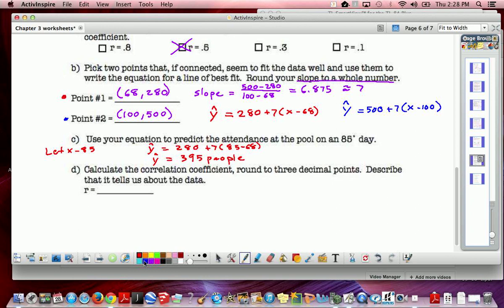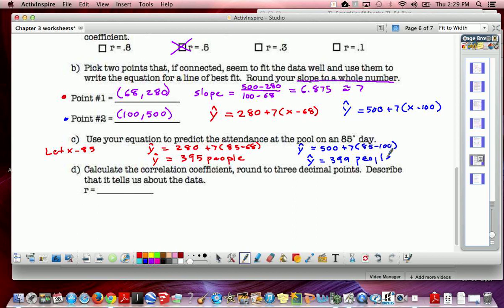However, if I use the other prediction equation, y hat equals 500 plus 7 times 85 minus 100, and I multiply that, I get 399 people.